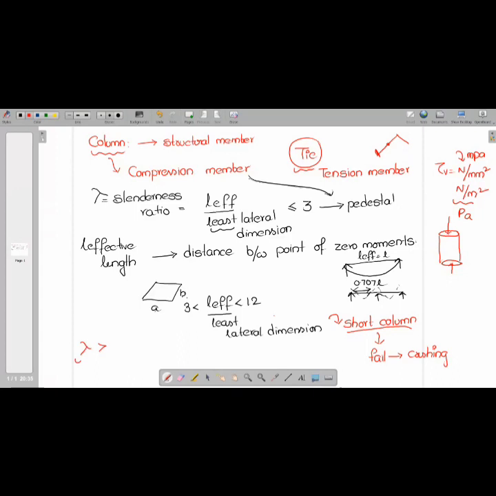Similarly, if the slenderness ratio is greater than or equal to 12, then we say it is a long column.